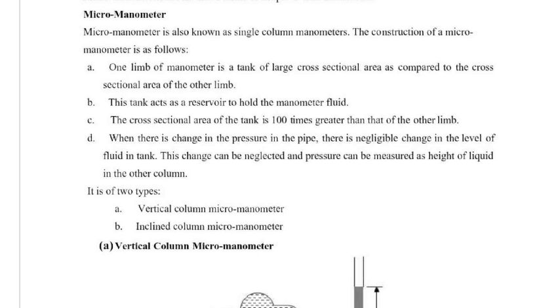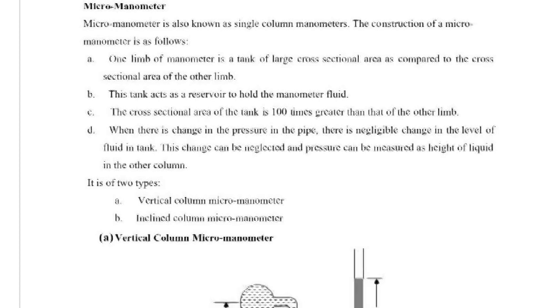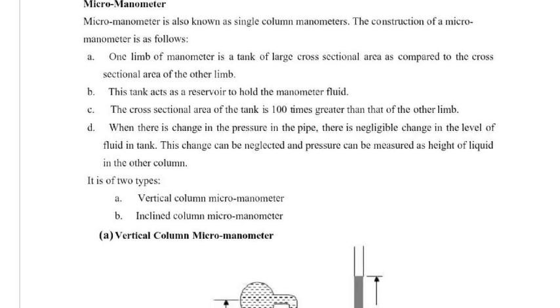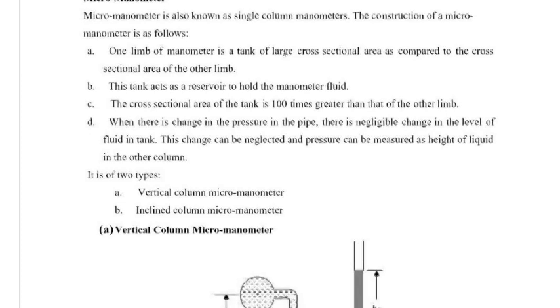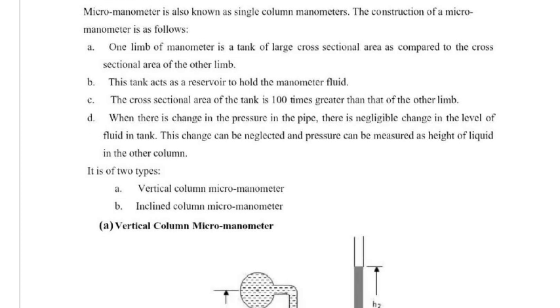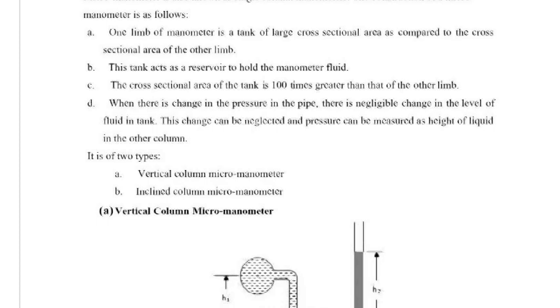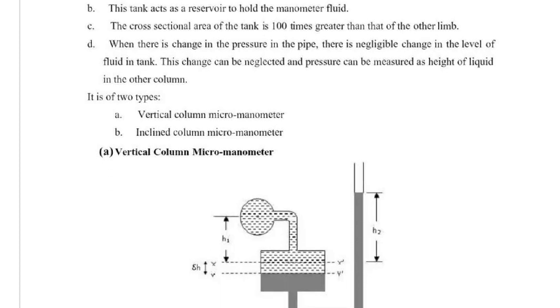When there is a change in pressure in the pipe, there is a negligible change in the level of fluid in the tank. This change can be neglected, and the pressure to be measured is given by the height of the liquid column.